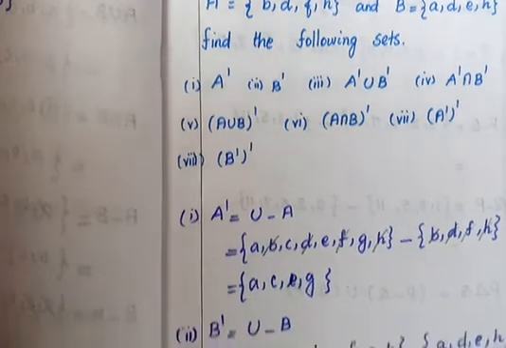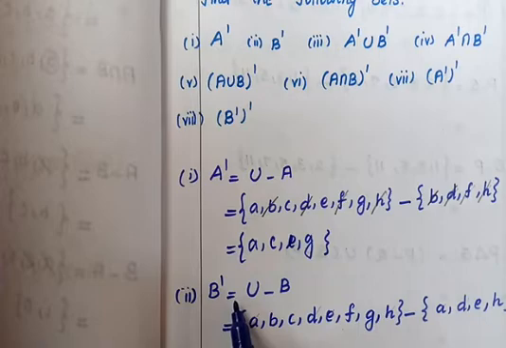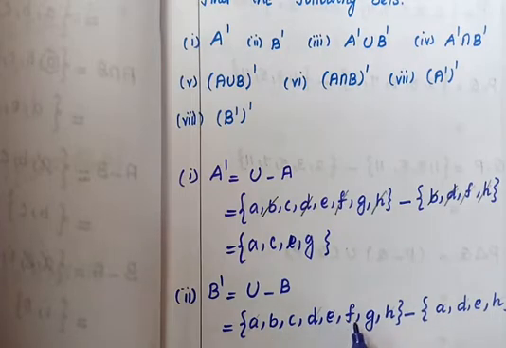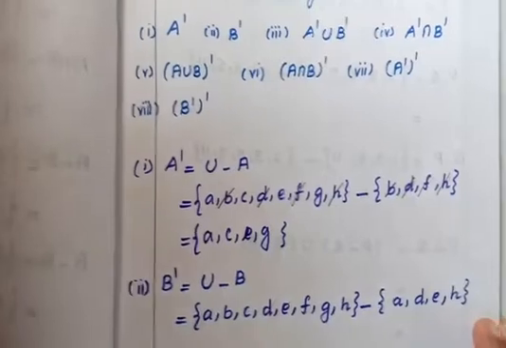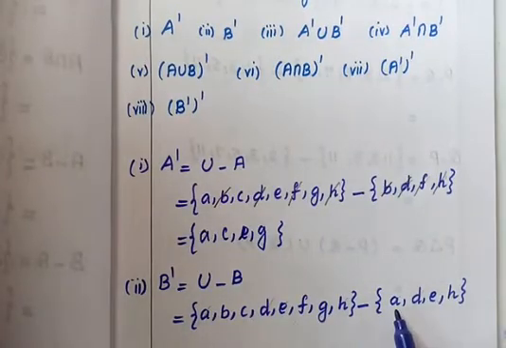Next we have B dash. B dash is also U minus B. First write the universal set. A, B, C, D, E, F, G, H minus B set A, D, E, H. Here also we cancel the common elements.